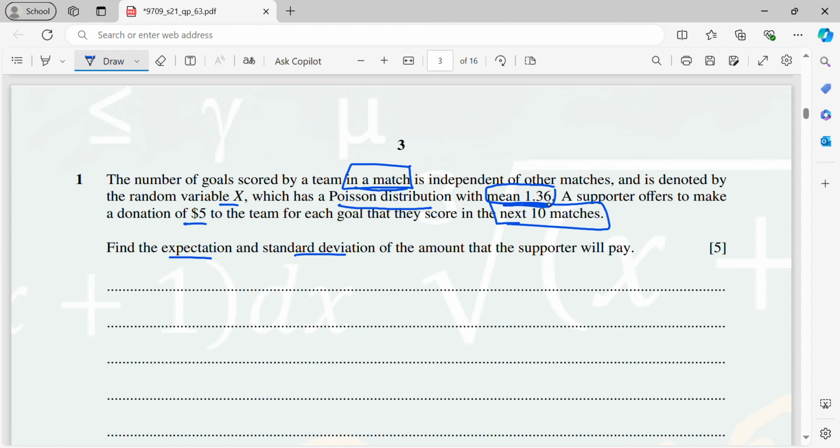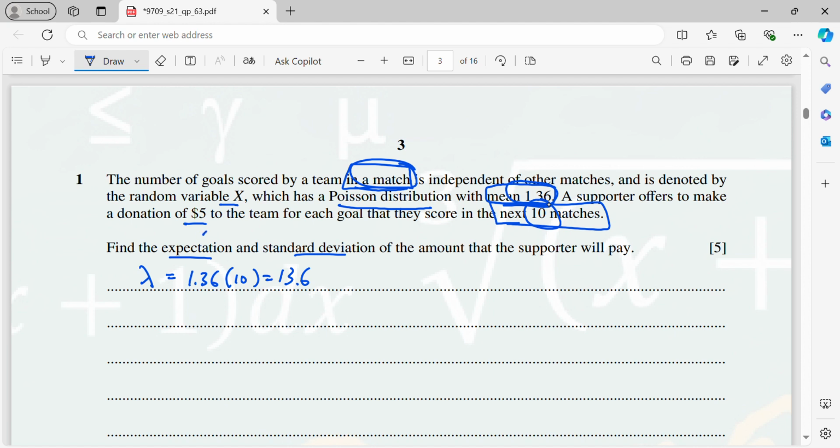So for a match, it will be a mean of 1.36 goals. That means now in 10 matches, I will write lambda equals 1.36 times 10. That is going to be 13.6. So it's expected to have 13.6 goals in 10 matches.